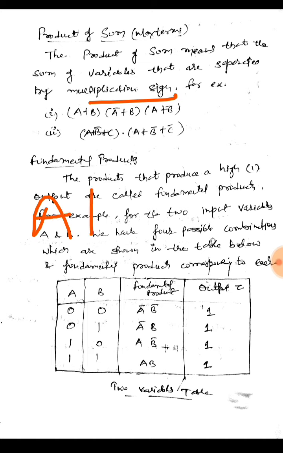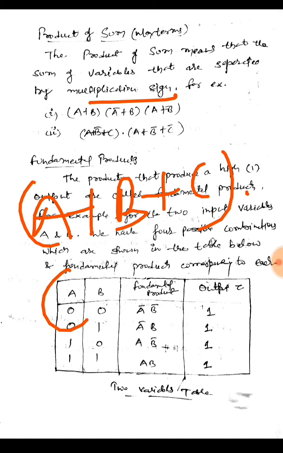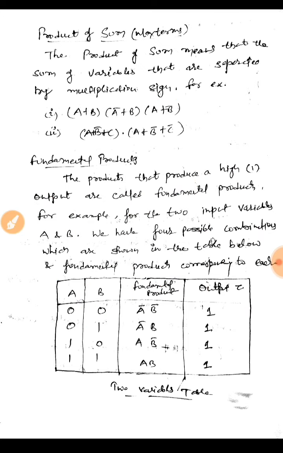So we will be having sum terms A plus B plus C, then again multiplied by a sum term, which could be A bar plus B bar plus C bar. This is an example of the product of sum form, where the sum terms are getting multiplied in this logical function. That is why it is called product of sum.